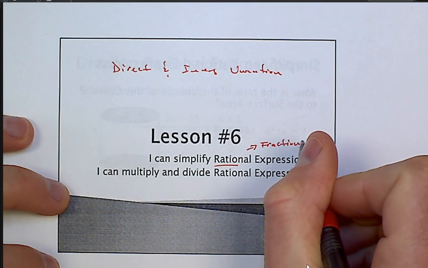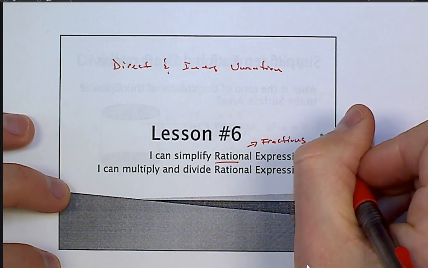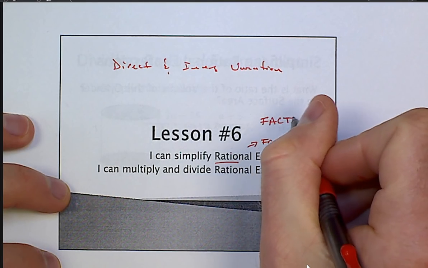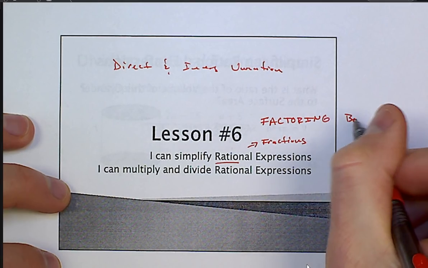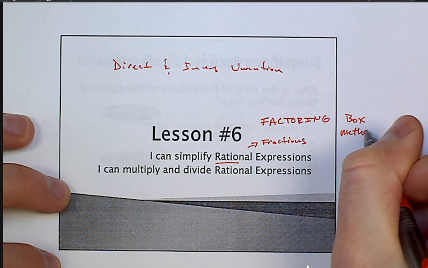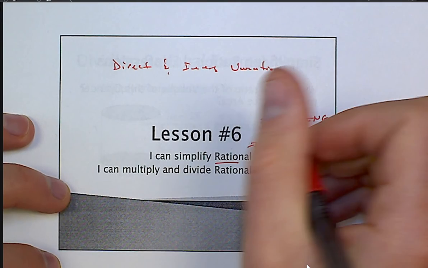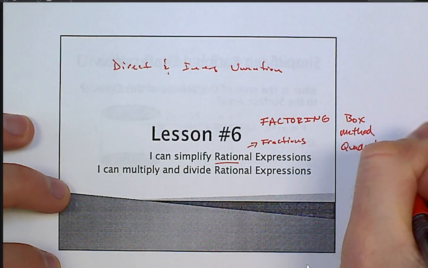The other thing that you're going to be asked to recall is the other F word in math that most people hate, factoring. We're going to have to factor like crazy. We're going to have to do the box method. If you remember factoring using the box method, we're going to see quadratics again, anything with x squared in it.